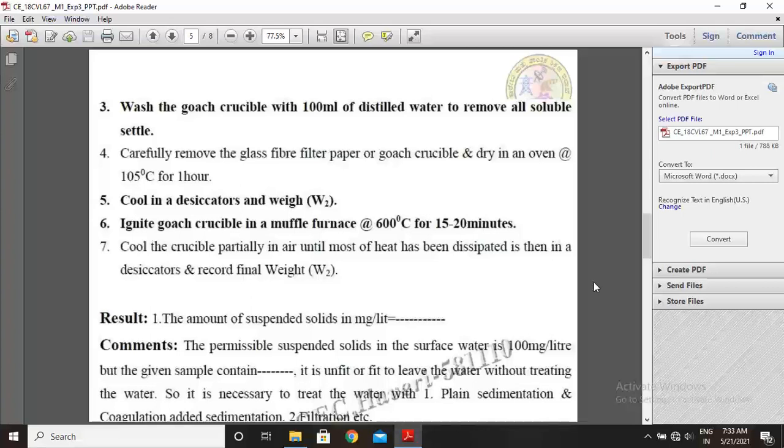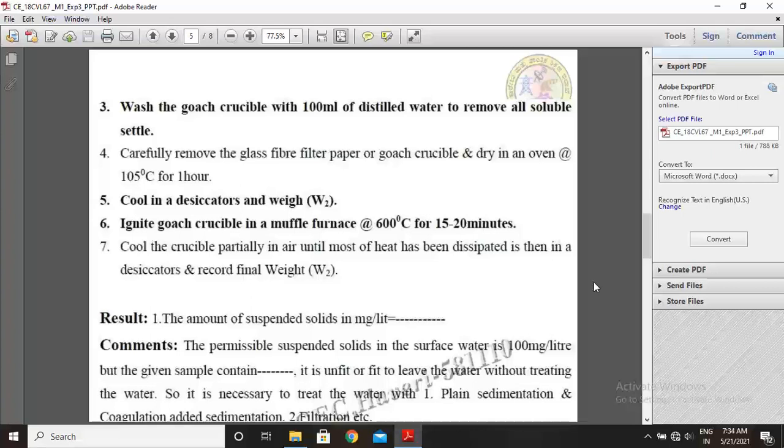Cool the crucible partially in air until most of the heat has been dissipated, then in a desiccator, and record the final weight W2. Then as the result we get the amount of suspended solids in milligram per liter.